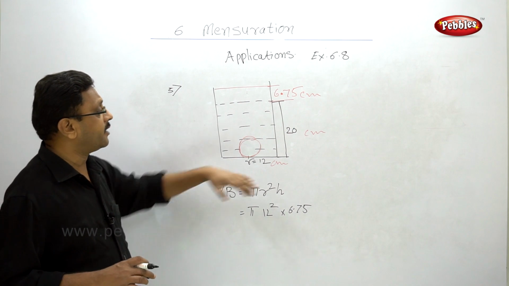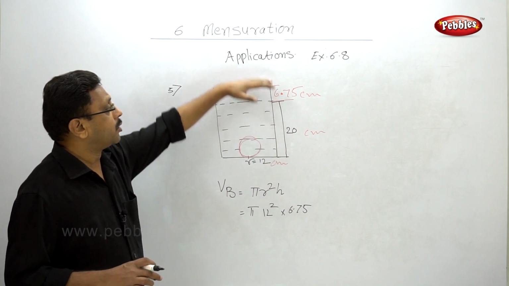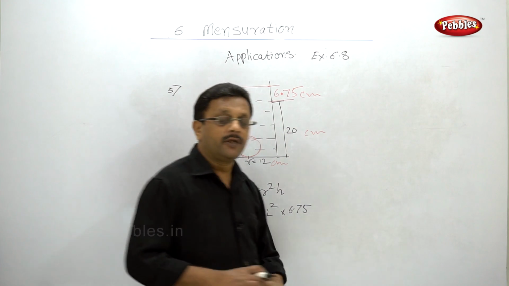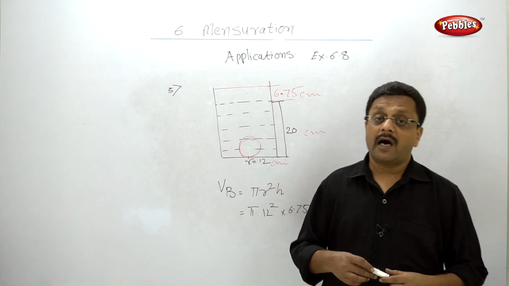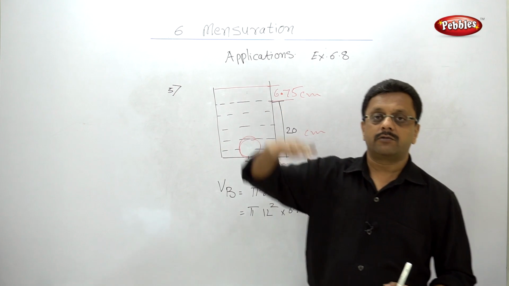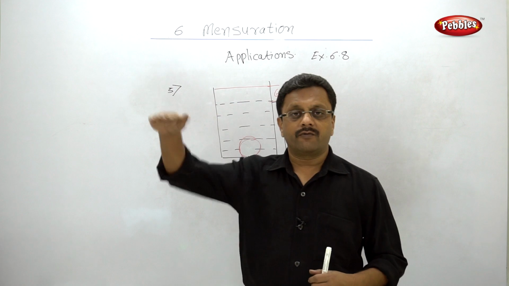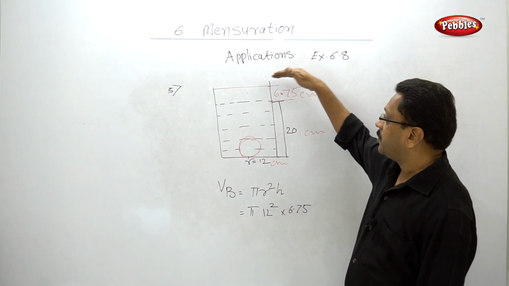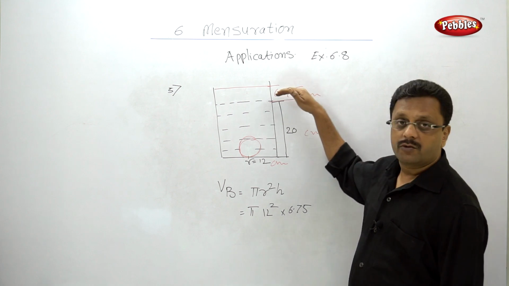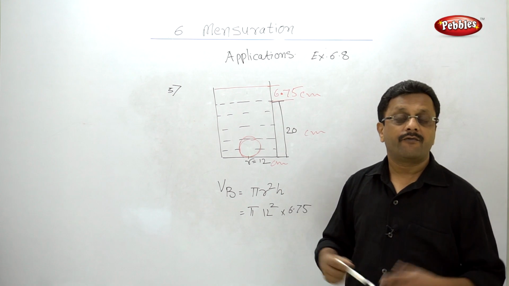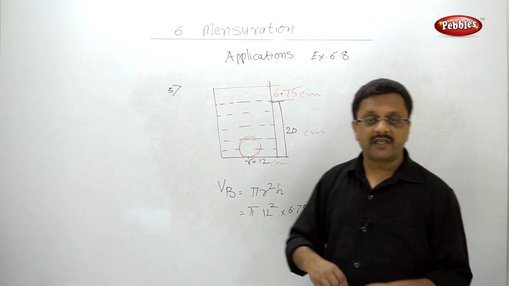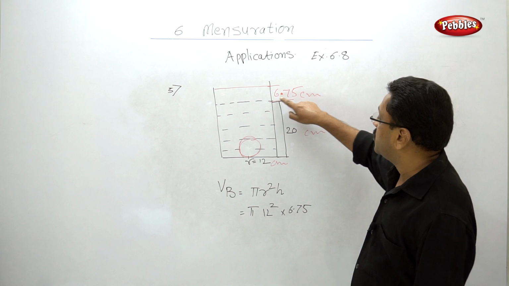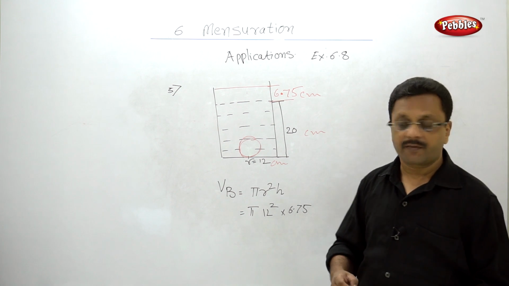If they had stated that the total height of the cylinder is 25 and only 20 centimeter water is there, and after dropping the ball it comes up to the top edge of the cylinder, then this is required. Top edge is 25, this is 20, so the raised height is 5 centimeters. But now in this case they have straight away given that the water level is raised by 6.75 centimeters. Correct?